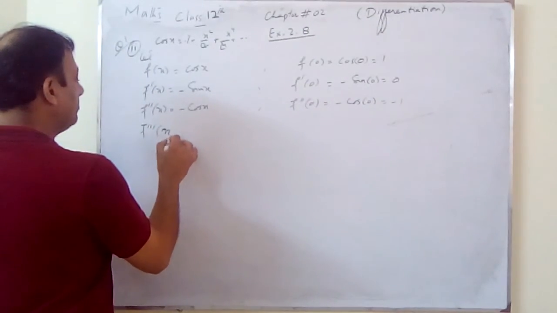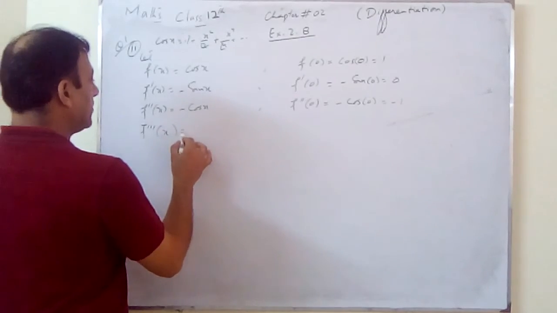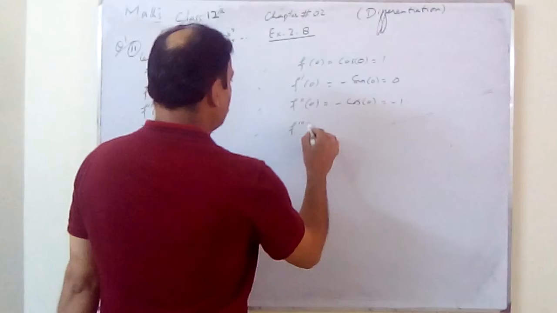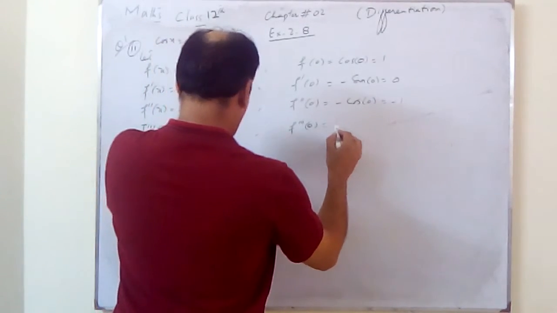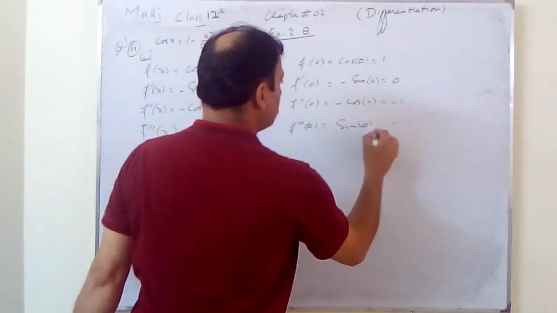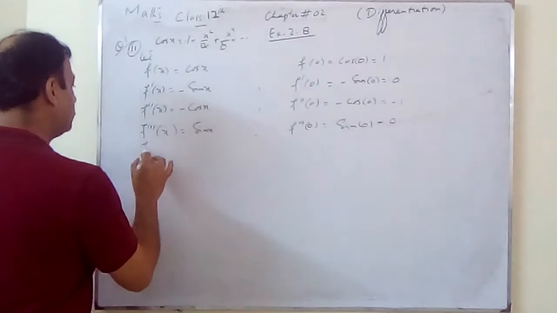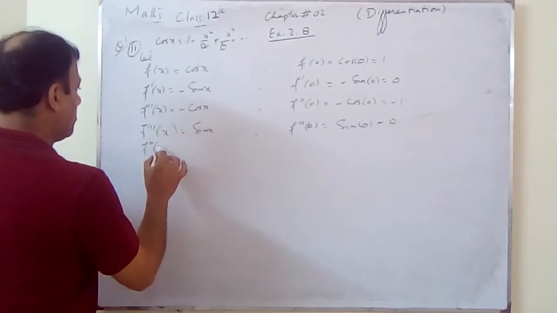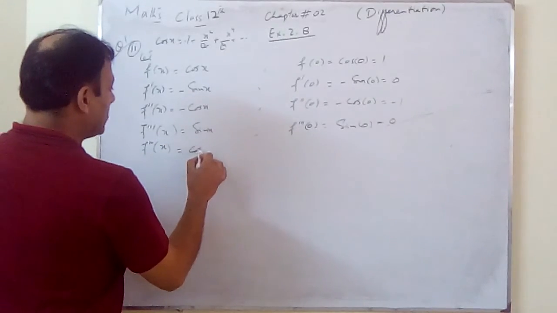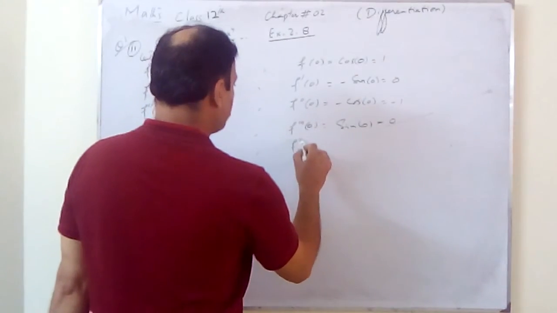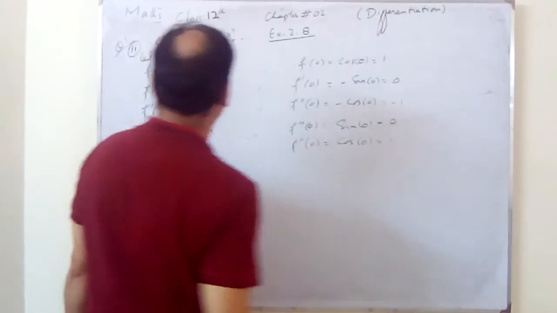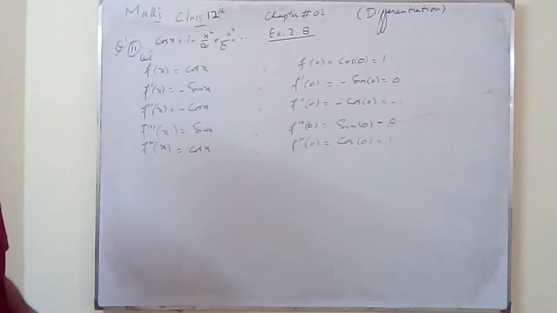Third derivative is sin x, sin 0 is 0. Fourth derivative is cos x, cos 0 is equal to 1, and it goes on. So we are taking 3-4 derivatives here.